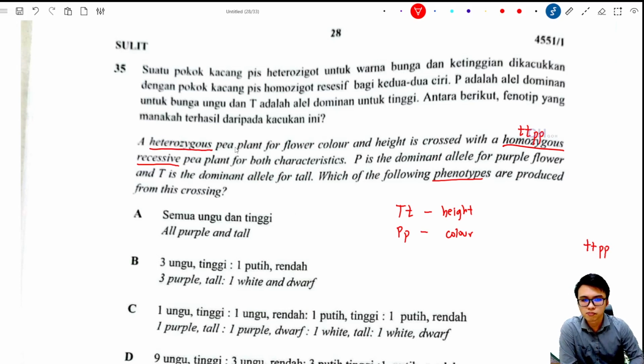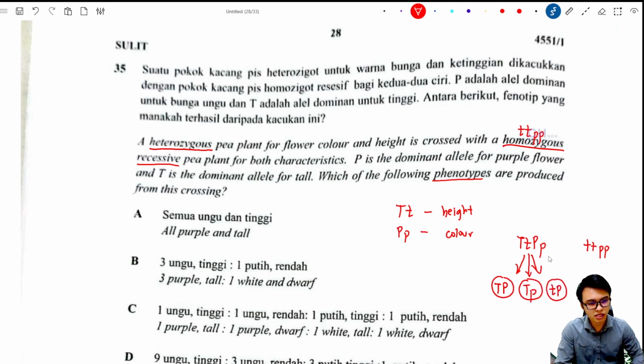Heterozygous means the P plants should have one set of dominant and then another set of recessive. So big T, small t, big P, small p. They will produce certain gametes, which are big T, big P, big T, small p, small t, big P, and then the last one, small p, small t.